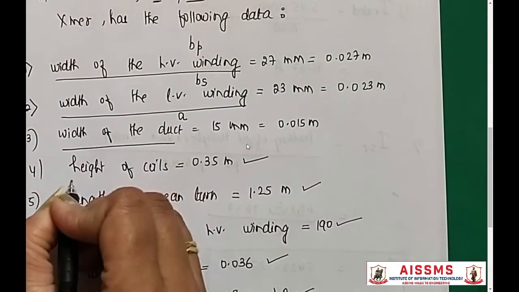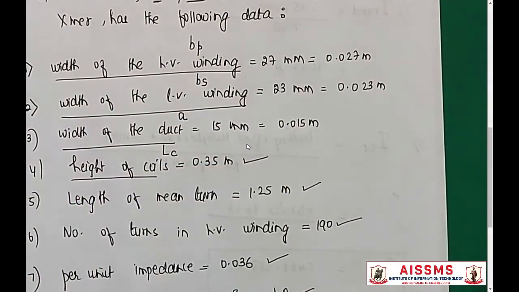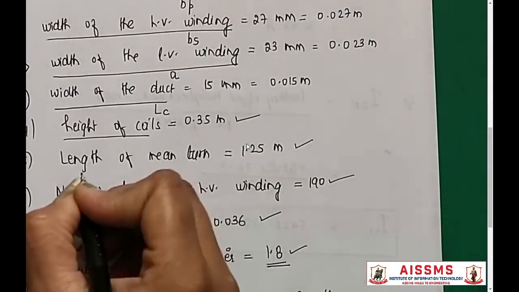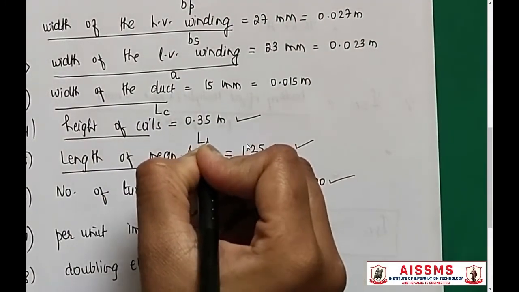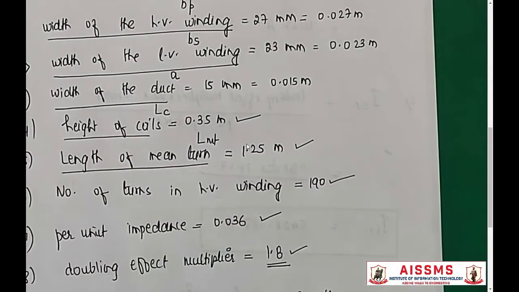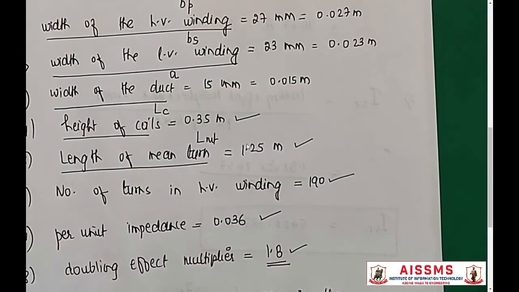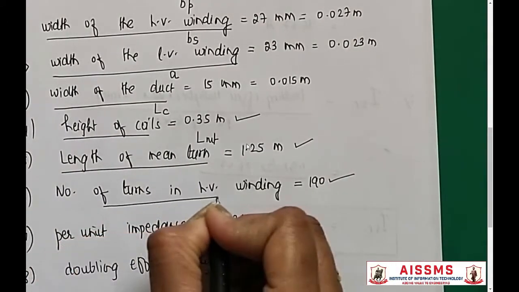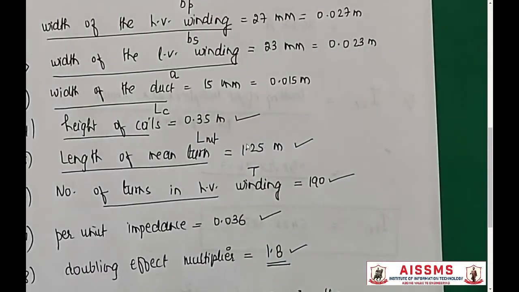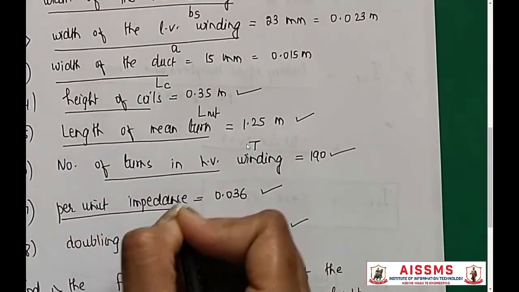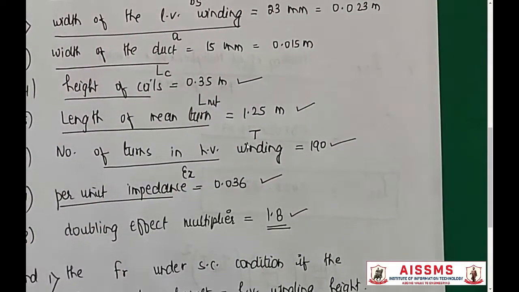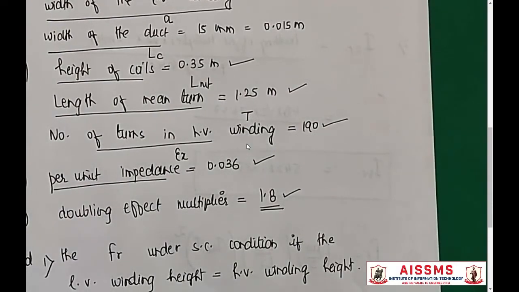Height of the coil is capital L subscript C. Length of mean turn is LMT. Number of turns in the HV winding, capital T. Per unit impedance, epsilon x, and doubling effect multiplier is a constant.